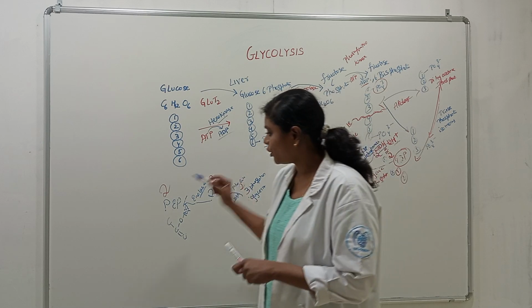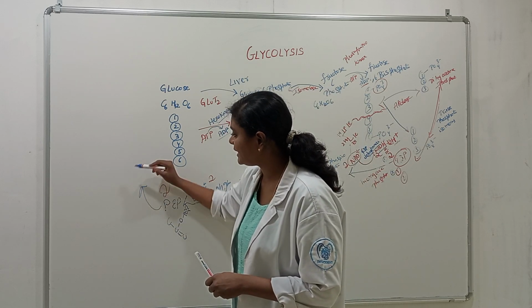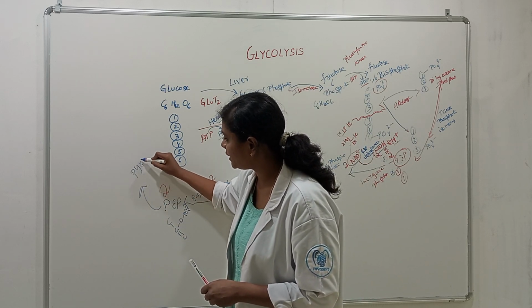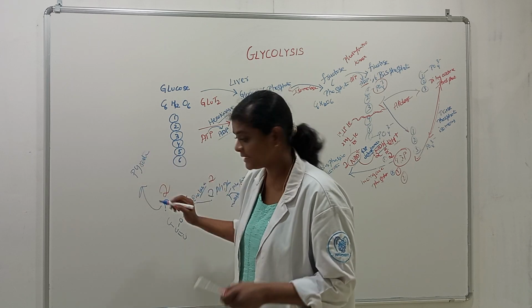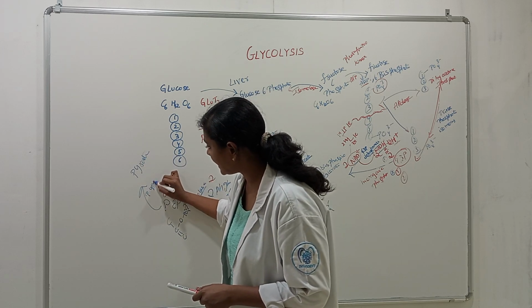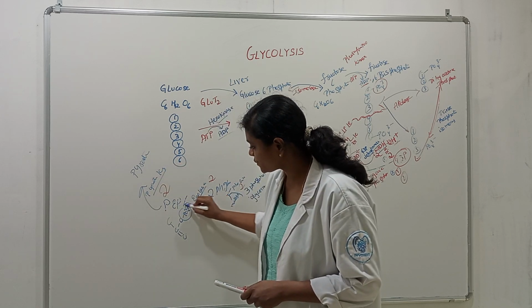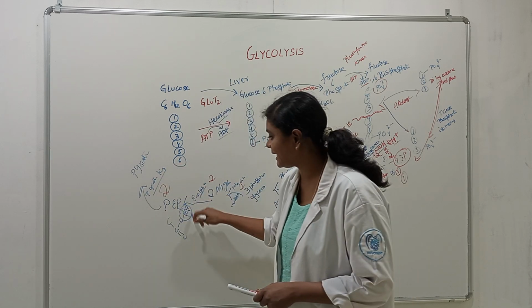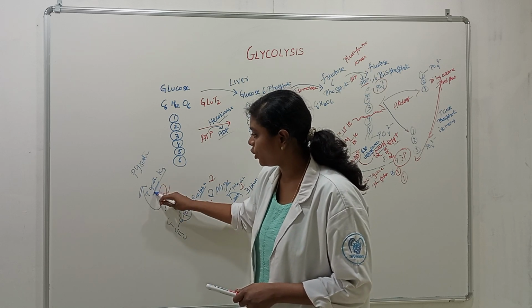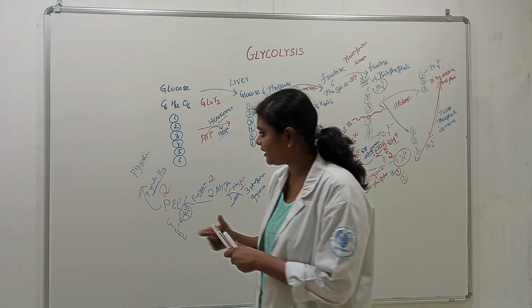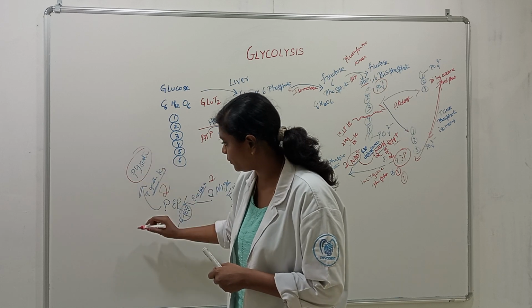Now, this phosphoenol pyruvate is finally getting converted into pyruvate in the presence of pyruvate kinase. Here the phosphate group which is remaining is kicked out by an enzyme called pyruvate kinase, giving rise to the end product pyruvate.